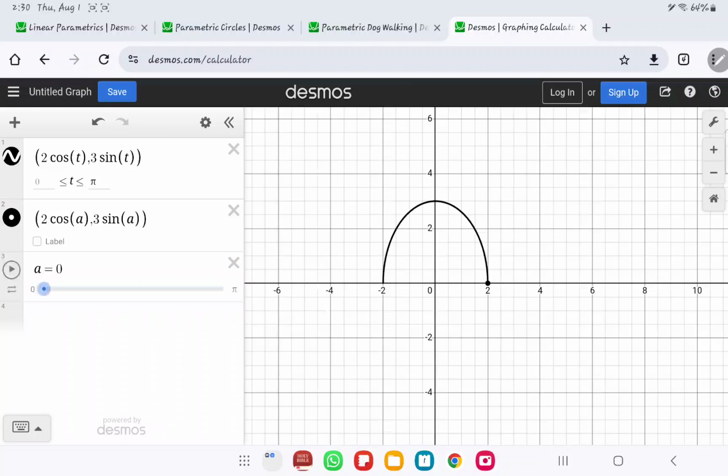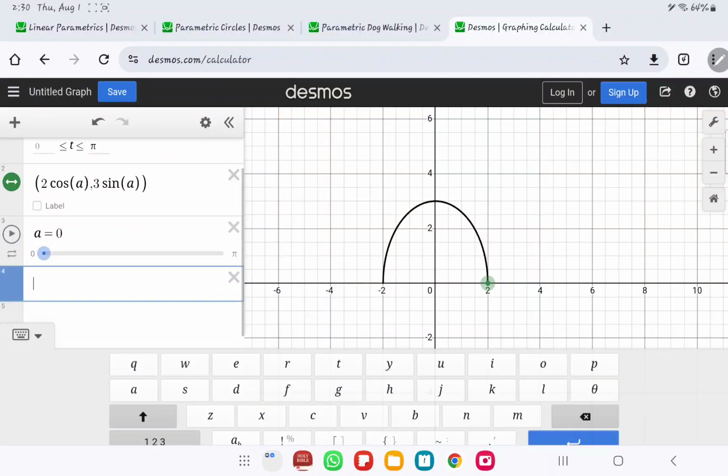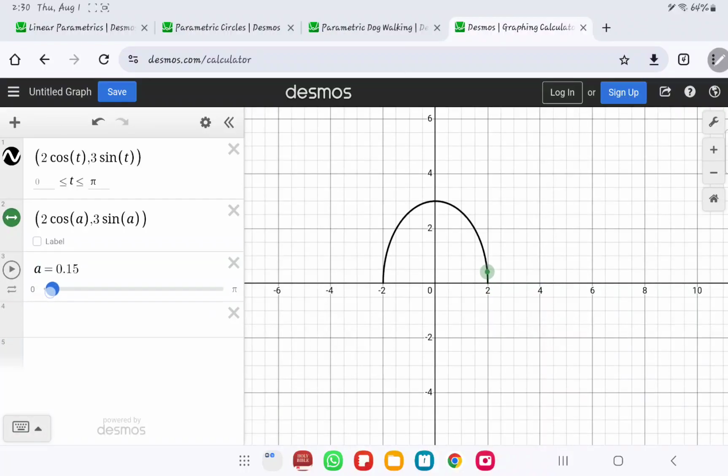Let me change this one to green. If you hit the drag, that means you can drag the point, but it'll also make it a little more visible, if you have a hard time seeing where those things are. So I'm going to do that for the video. Now this a, you can drag from 0 and see which way it goes as you trace that out.